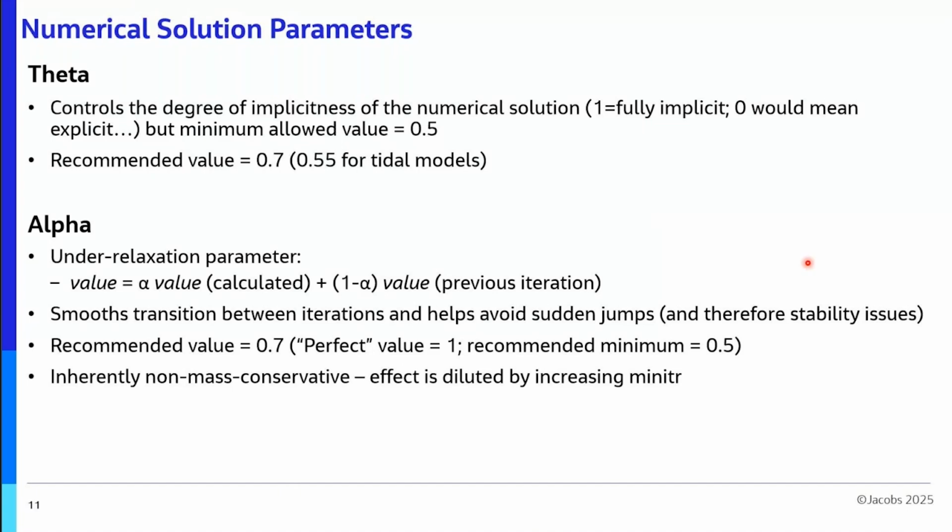Remember in the previous slide, we were talking about the Preissmann slot and saying it's partially implicit, which is the case because by default theta, which controls the degree of implicitness, is 0.7 and not 1, which would be fully implicit. And 0 would mean that the solving scheme is explicit and this is not allowed by Flood Modeler. So the minimum allowed value is 0.5.